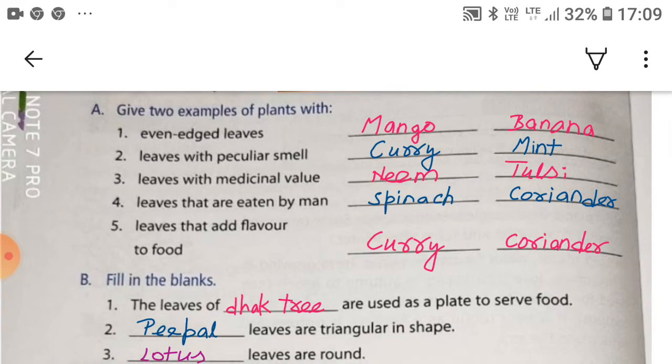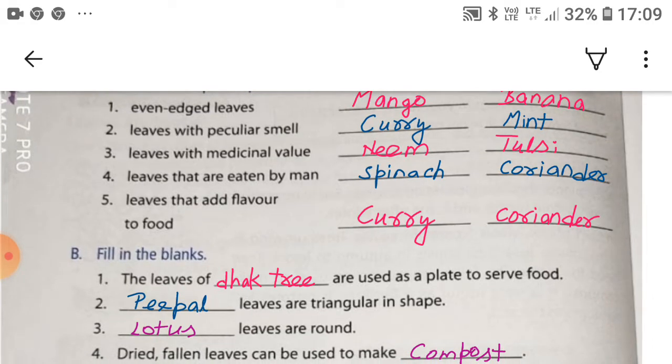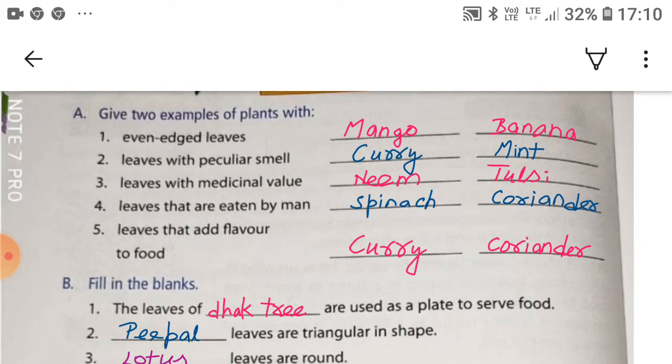Second, leaves with peculiar smell are curry leaves and mint leaves. Third, leaves with medicinal value are neem and tulsi.